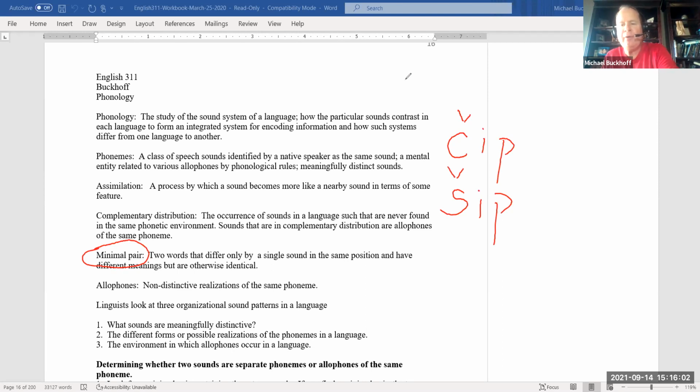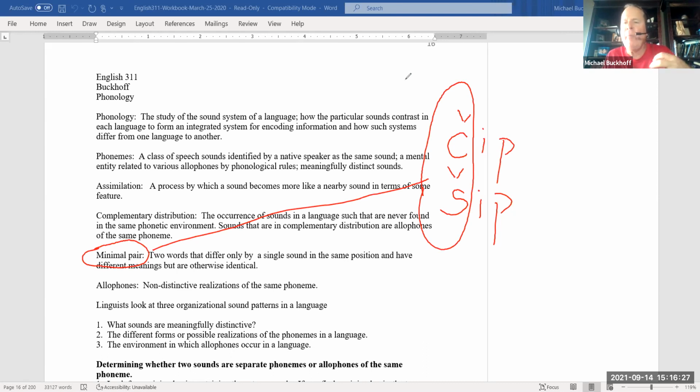I have cheap, I have sheep. There's three sounds in each word, and the sounds differ in the initial position. So we can say, absolutely, you can create a minimal pair using these. So the CH and the SH are actually separate phonemes in English.